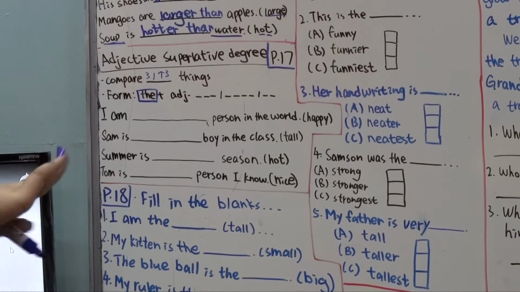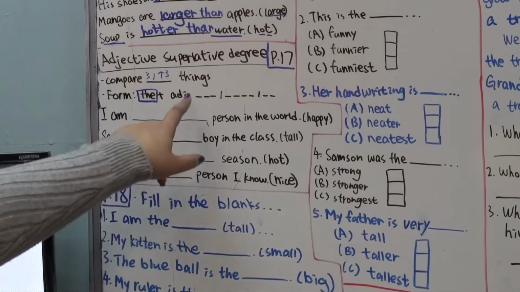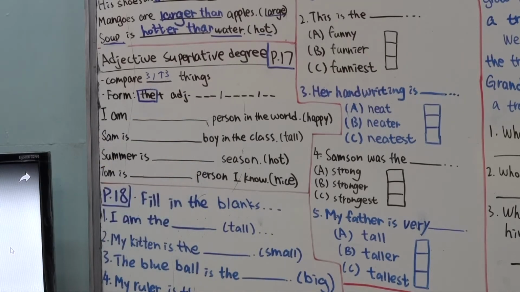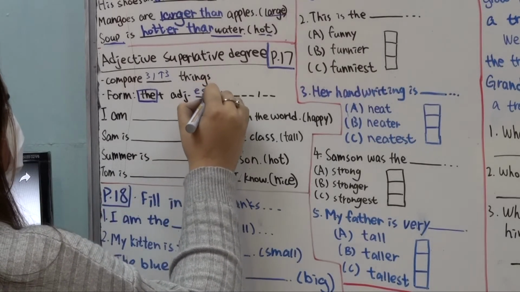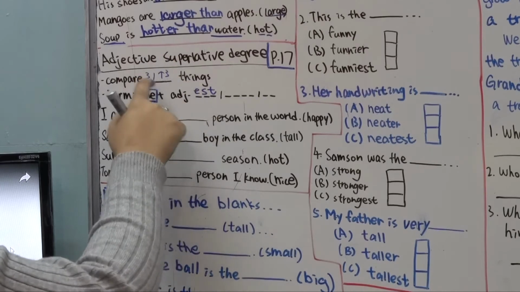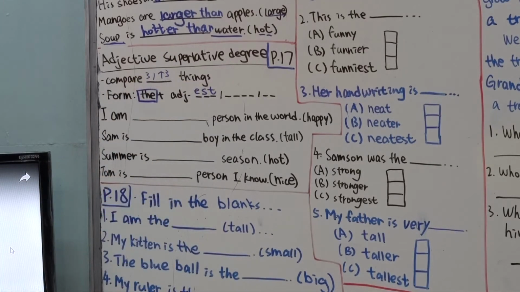The basic one, very basic one. In superlative, we add est, right? est in superlative when we are comparing 3 or more than 3 things, right? Do you want me to show you some examples?